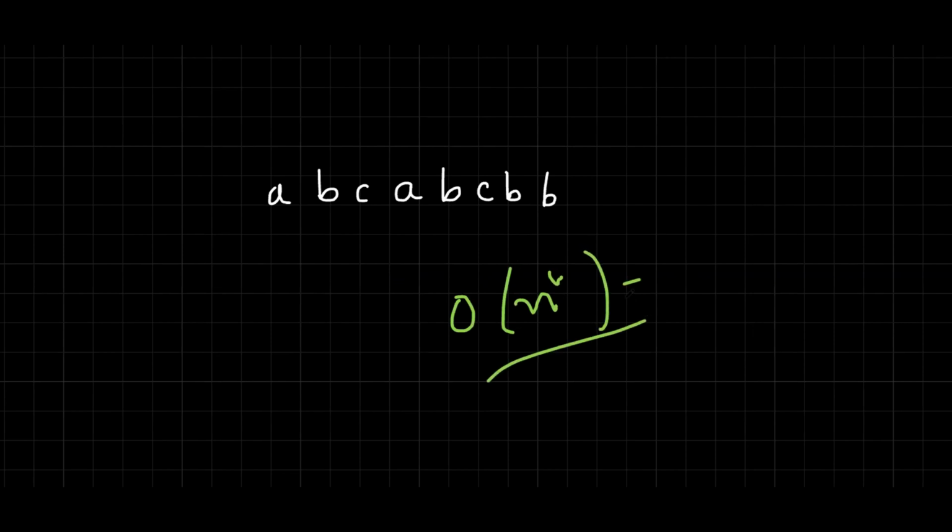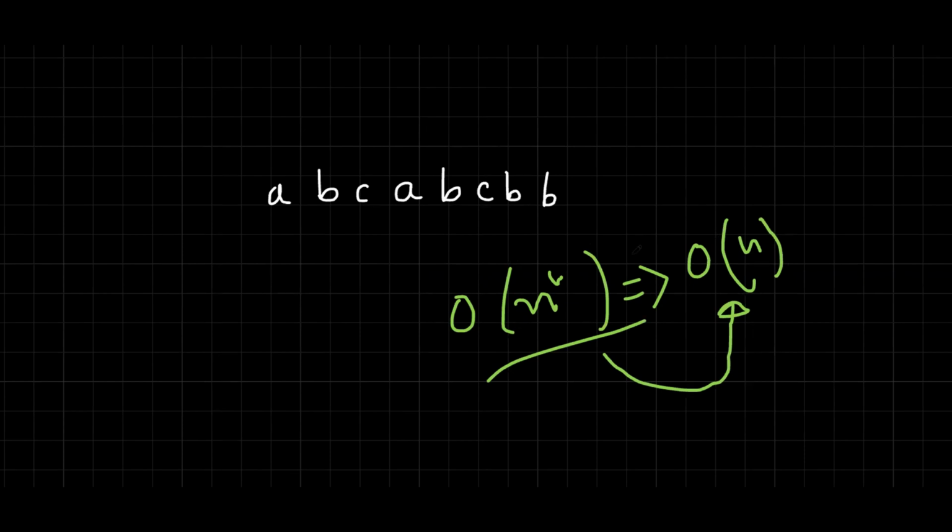Now, let us try to understand how we can shift this time complexity from big O of n square to big O of n, which is a linear time complexity. If somehow we can do that, the algorithm will be finalized.